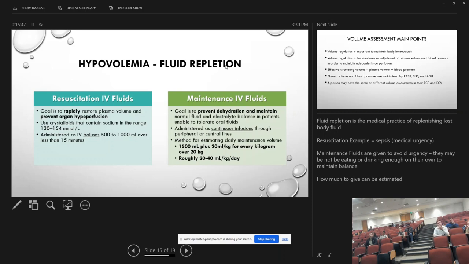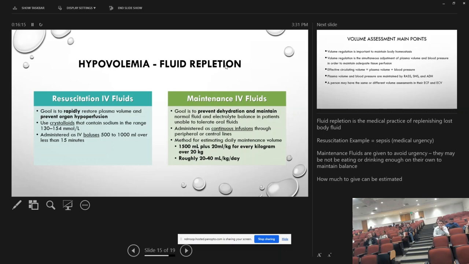And why do those solutions stay in the intravascular space? Speak up, I'm sorry. They can't cross the cell membrane. What's in those solutions? The electrolytes, specifically which ones? Sodium.